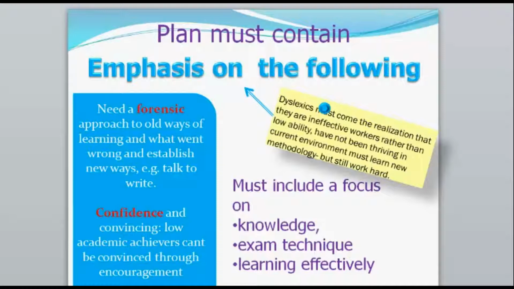How do you go from that point on? You need a rigorous academic plan. It depends on the amount of time that you've got. You might have a week before your exams, you might have 6 months. So it depends on the situation, but you need a transition plan whereby they are learning the knowledge, and they're practicing exam technique. Ideally they'd be practicing the exam technique with a tutor.